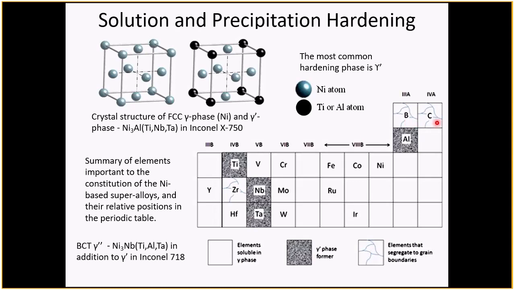But in the same vein, carbon is an addition with a heat-treated alloy that is sometimes preferable because the carbon forms carbides on grain boundaries, and these carbides prevent grain boundary sliding at high temperatures when you want creep resistance.